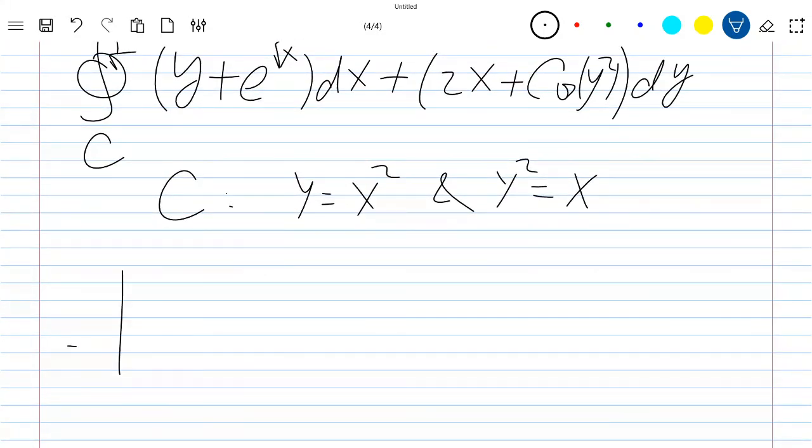So if you plot it, you will see a parabola and the other parabola like that. That's the C, right? And C is counterclockwise, so C is like that. And this is 1, 1.